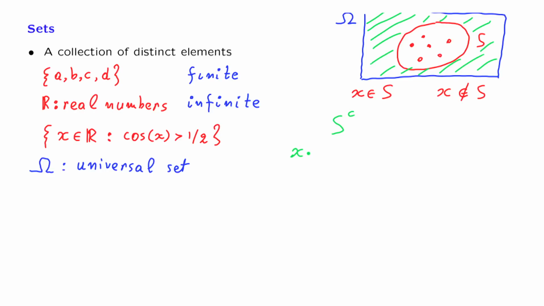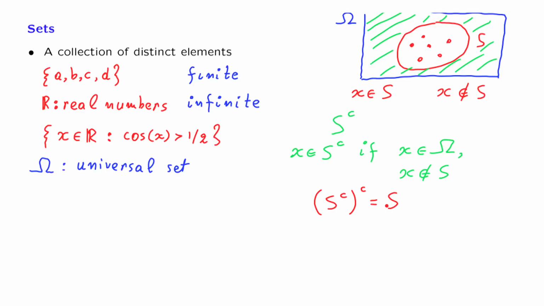An element x belongs to the complement of S if x is an element of our universal set, and also x does not belong to S. Notice that if we take the complement of the complement, that is anything that does not belong to the green set, we get back the red set. So what this is saying is that the complement of the complement of a set is the set itself.